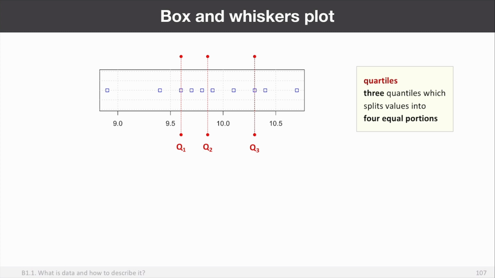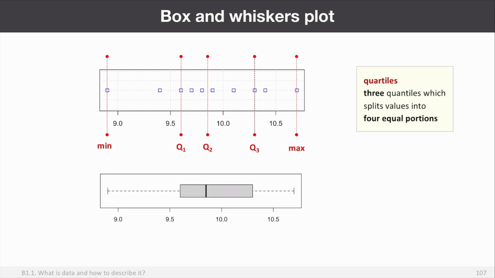Q1 gives you the boundary between the 25% of smallest values and the 75% of largest. Q2 is the median, so it splits your values into 50-50 intervals. And Q3 is the third quartile, so it gives you a boundary between the 75% of smallest values and the 25% of largest. Now you can add min and max, and then you can visualize this using this box and whiskers plot.